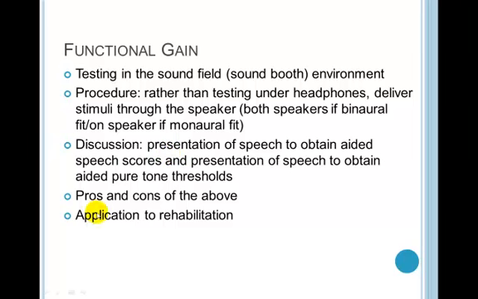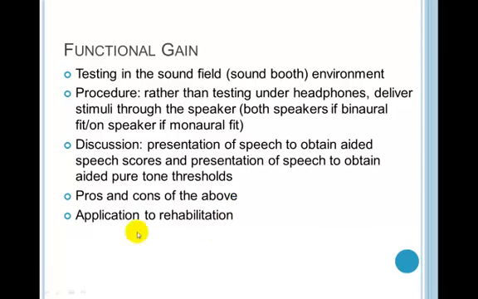Okay, so that's some of the pros and cons, which is really what we've been talking about. That tonal information is not really comparing what you think you're comparing because of digital technology, and it's also not realistic. It's not really applicable to how you hear in the real world aided.